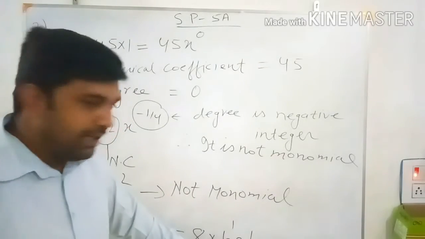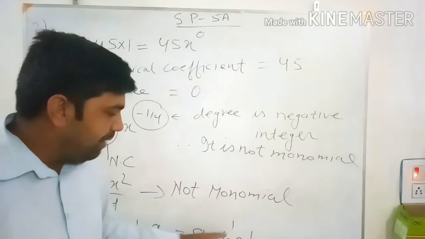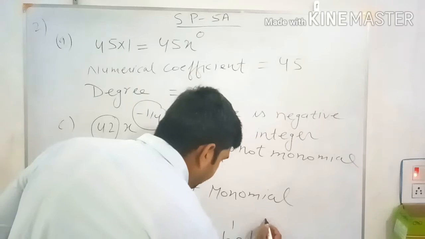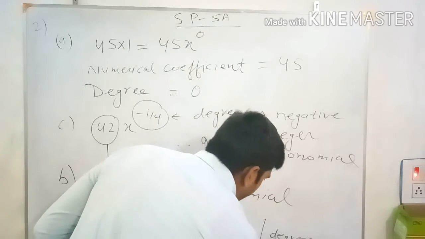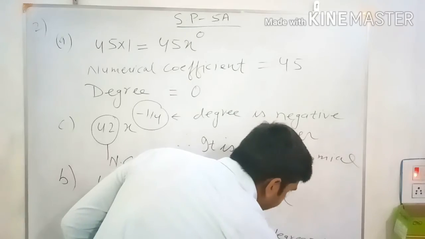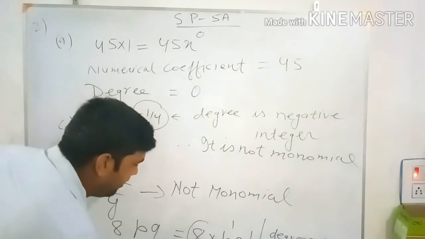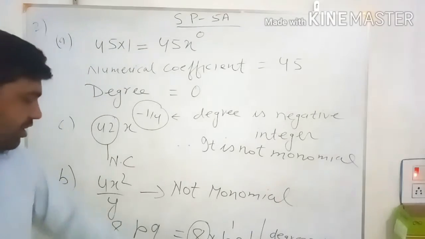Both are multiplied, so apply the law of product of exponents: add these two powers, 1 plus 1 is 2. So the degree of the monomial 8pq is 2 and its numerical coefficient is 8.